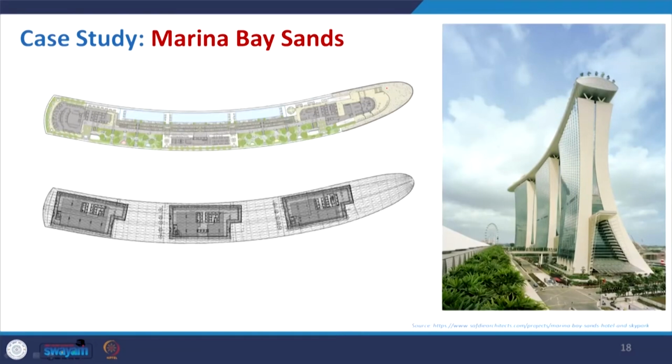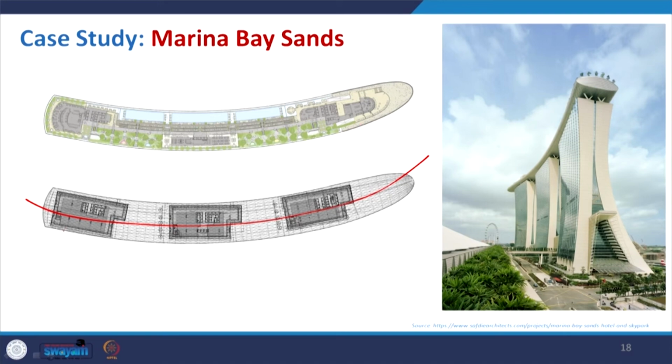Coming to the plan, again the plan is simple, yes, but it is not exactly in a linear form, rather it is giving some kind of radial axis, and here you can see this is actually the top floor where a swimming pool type water body has been created, and then some roof gardening has been done.